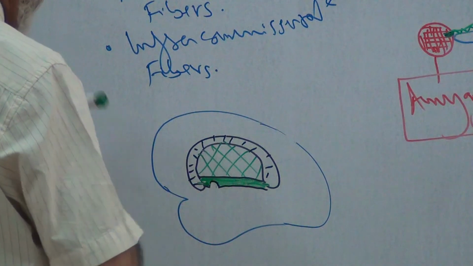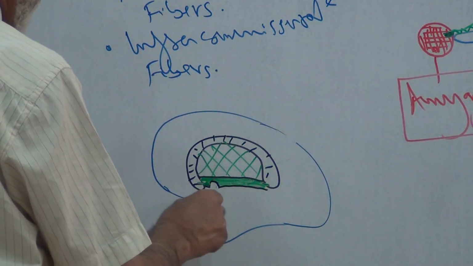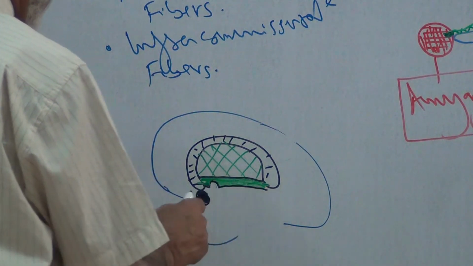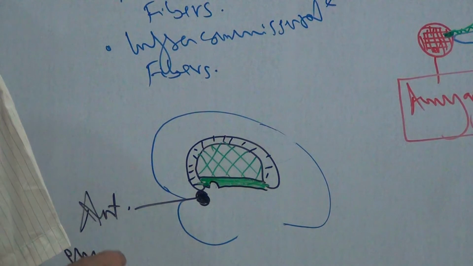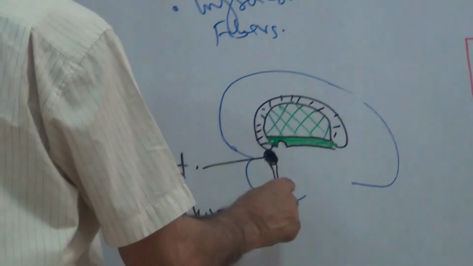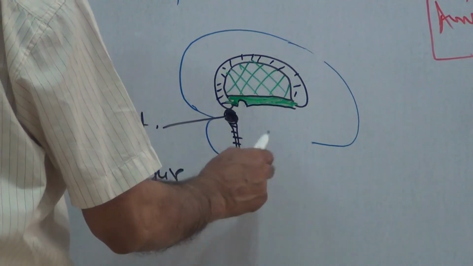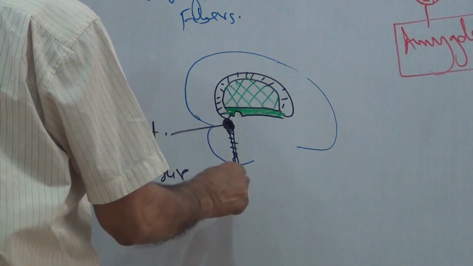Then here is the rope-like structure of commissural fibers known as the anterior commissure. Then lamina terminalis. On the basal surface is the optic chiasma.